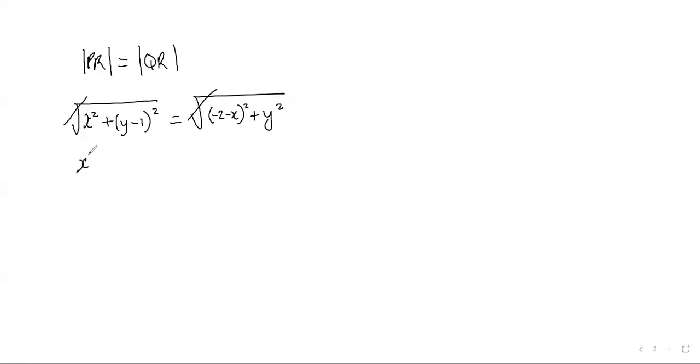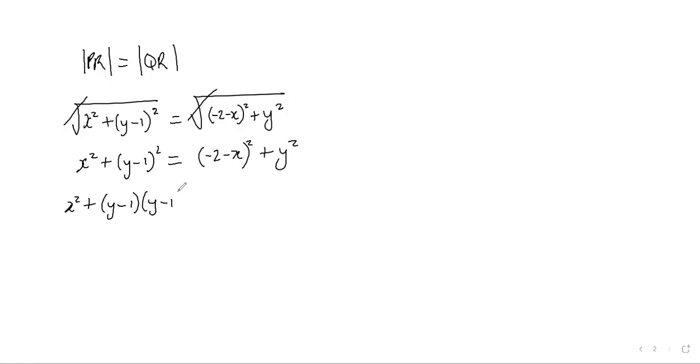You will be left with x squared plus (y minus 1) all squared equals (minus 2 minus x) all squared plus y squared. So we do further expansion: x squared plus (y minus 1) times another (y minus 1) equals (minus 2 minus x) times another (minus 2 minus x) plus y squared.